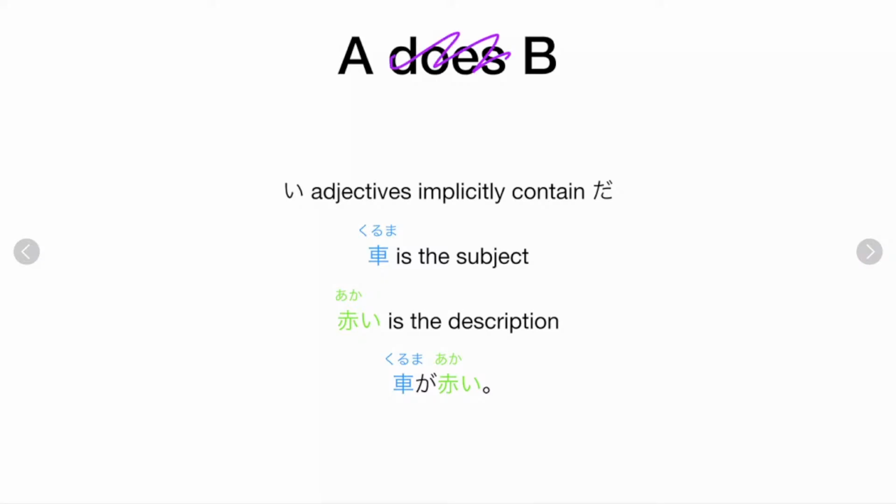So if you have an A is B sentence and B happens to be an I adjective, a true adjective, in that case, you don't need da at the end. So kuruma ga akai. You don't have to say kuruma ga akai da. Just kuruma ga akai is good enough.